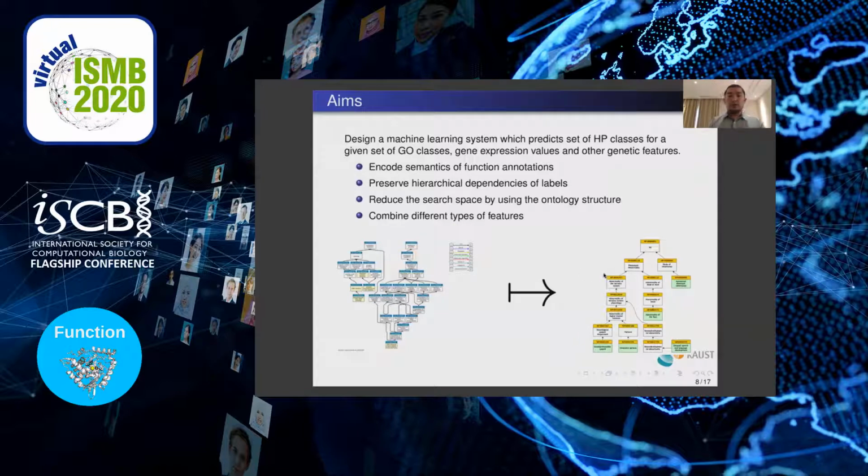We also want to use ontology structure to reduce the search space, and we want to employ class dependencies. And we also need to combine different kinds of features, such as functions and gene expressions.